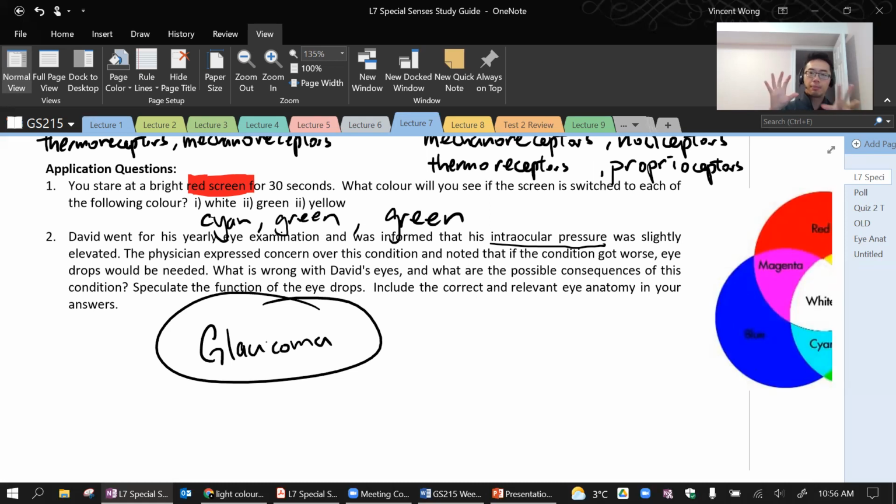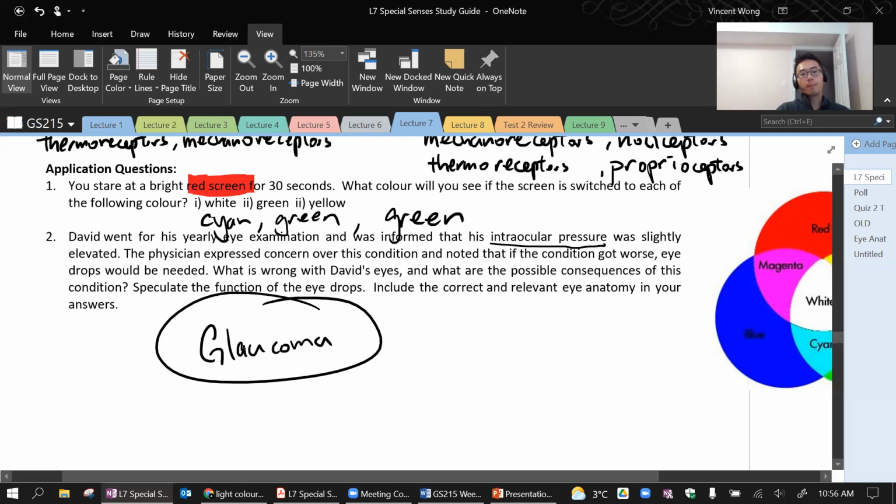The high pressure is going to be pressing on that optic nerve, eventually damaging it, causing it to no longer be able to transmit information to the brain. Once that transmission is no longer there, you won't be able to see. So you will start losing your peripheral vision, and then eventually you will go blind.